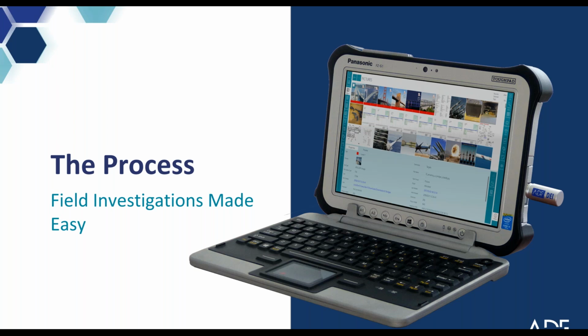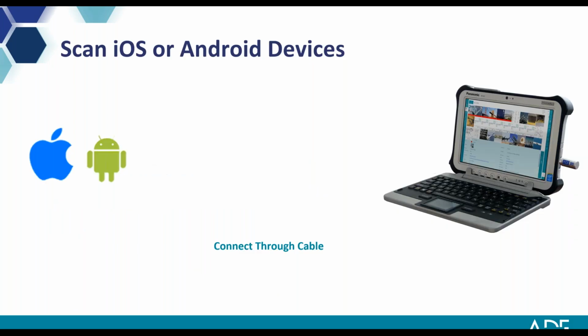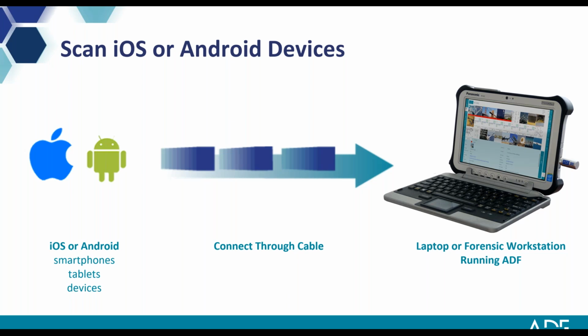A little bit about the process, how it works. With the addition of Mobile Device Investigator or our Pro tools, you are now able to scan logical iOS or Android devices. You connect it to your computer, forensic laptop, workstation, whatever you have, through the cable, make the backup and scan all in one fell swoop.